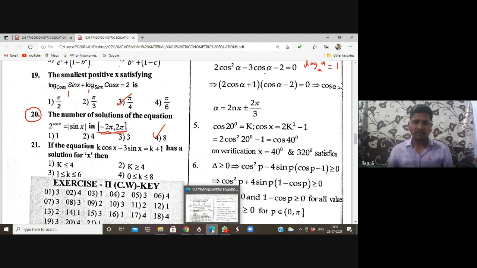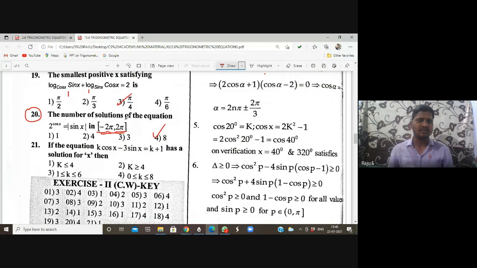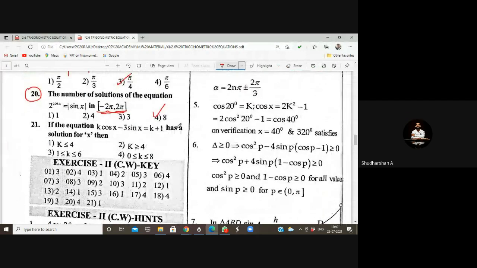Don't get confused here. It is very easy, because the curve passing through these two points should pass like this, it is the only way. The curve should not be like that. It is completely decreasing and increasing. So there are totally 8 solutions. The answer will be 8. Can you show the graph, sir? Yeah.